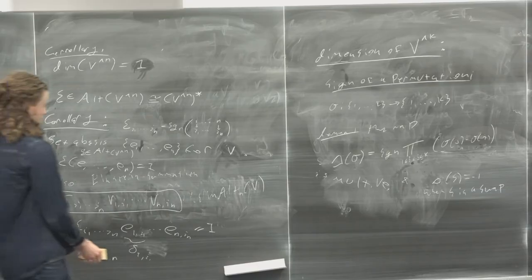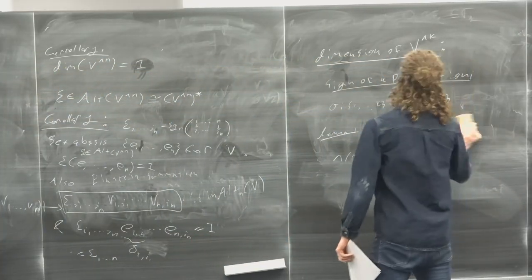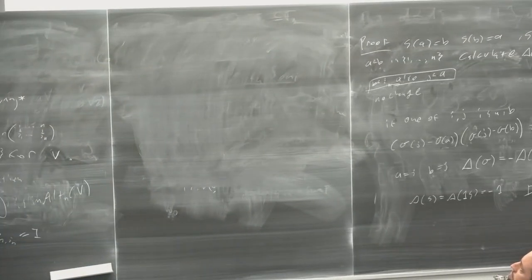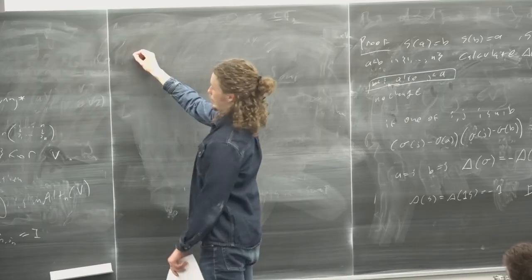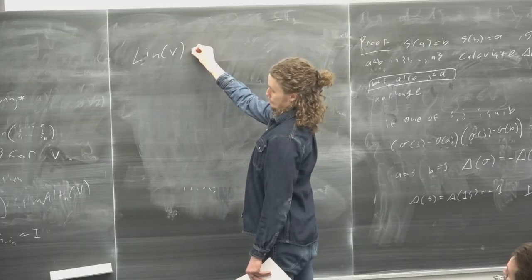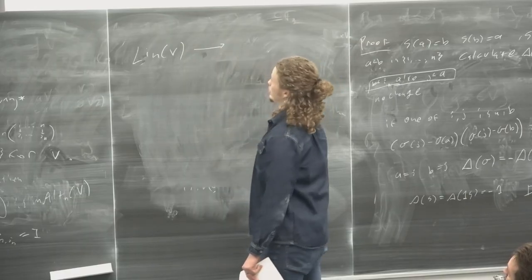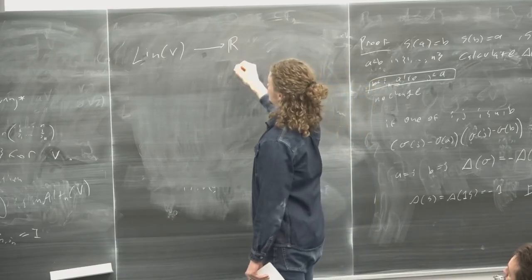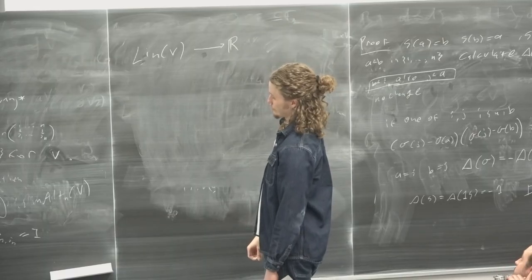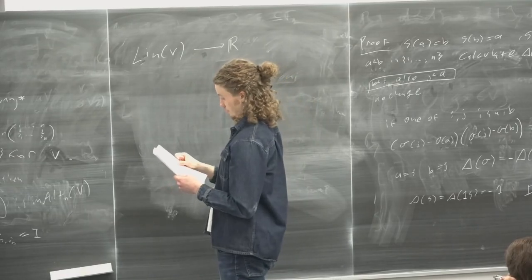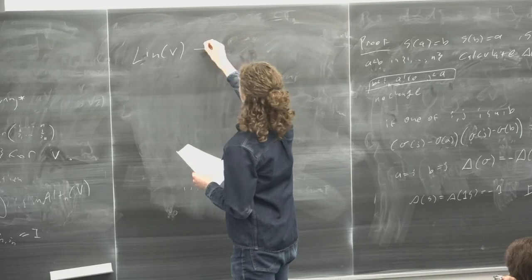If I want to turn this volume form into a determinant, I want to map from ln of v into R. This is what we wanted to do originally. Looking at this diagram, I guess this is what the determinant really is.